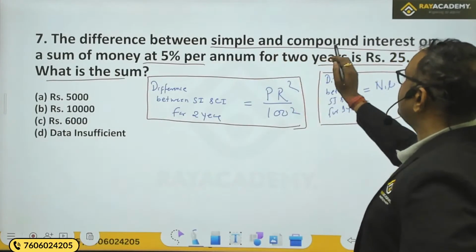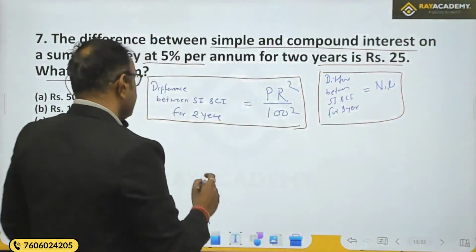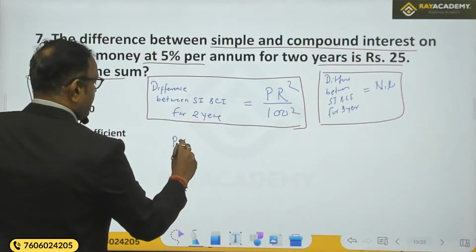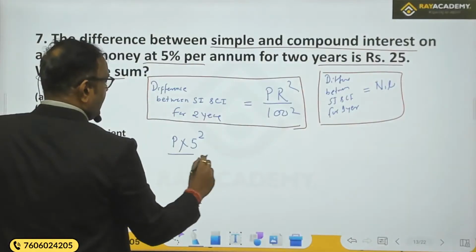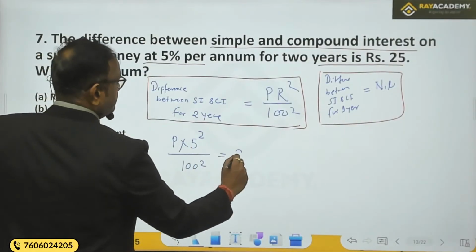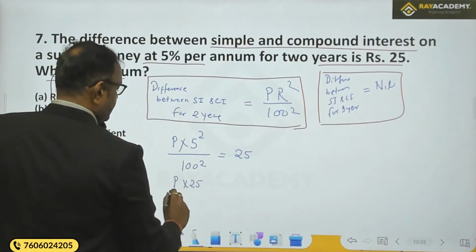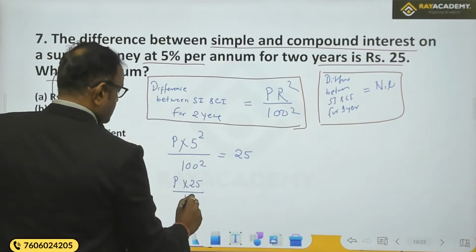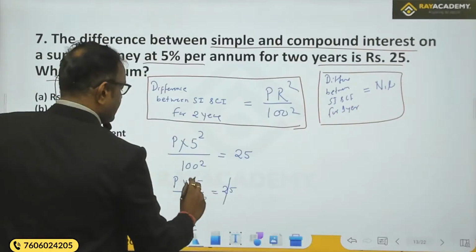The difference between simple and compound interest on a sum of money is given. So R is given 5%, 5 square, PR square by 100 square equals 25. So answer will be P into 25 over 100 square, which is 4 zeros, that is 10,000, equal to 25. 25 gets cancelled.